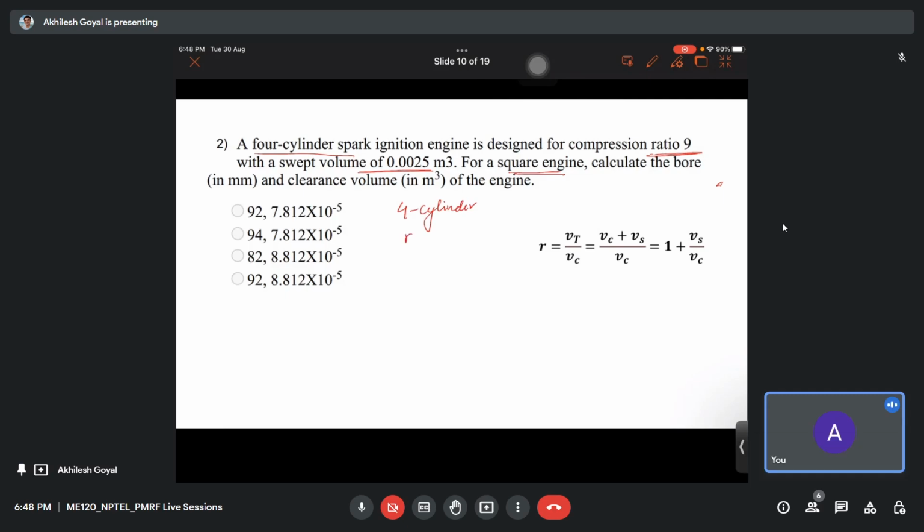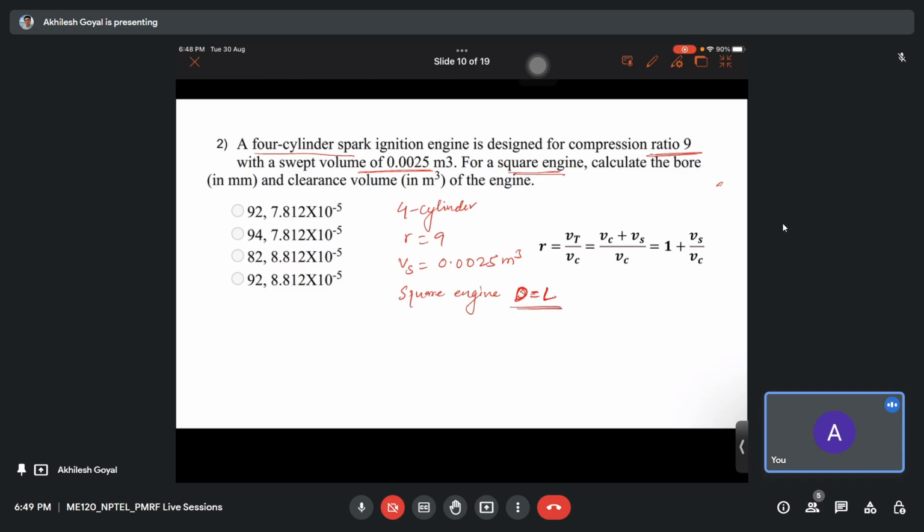The compression ratio R is 9. The swept volume Vs is 0.0025 meter cube, and it is a square engine. What a square engine means is that the bore diameter B, or we write it D, is equal to the length of the cylinder L. That is the square engine.